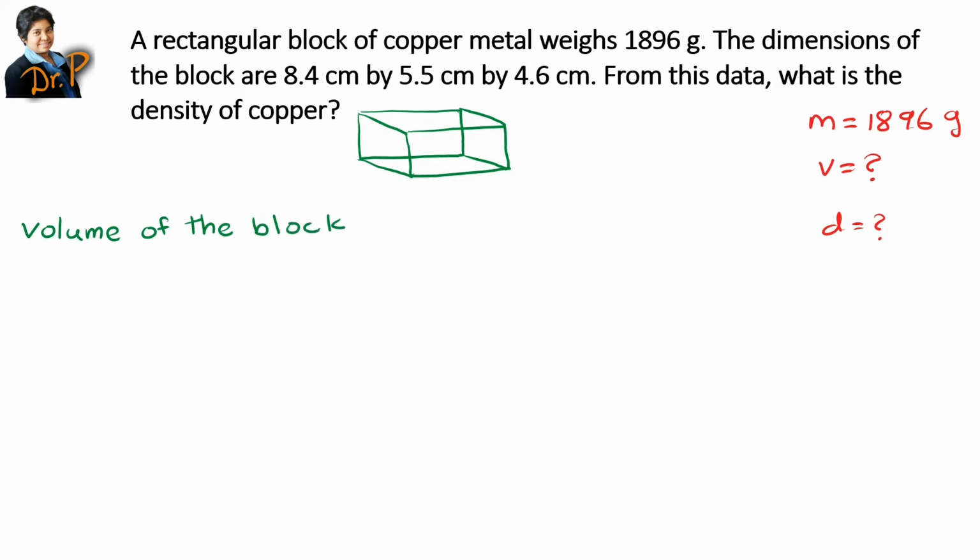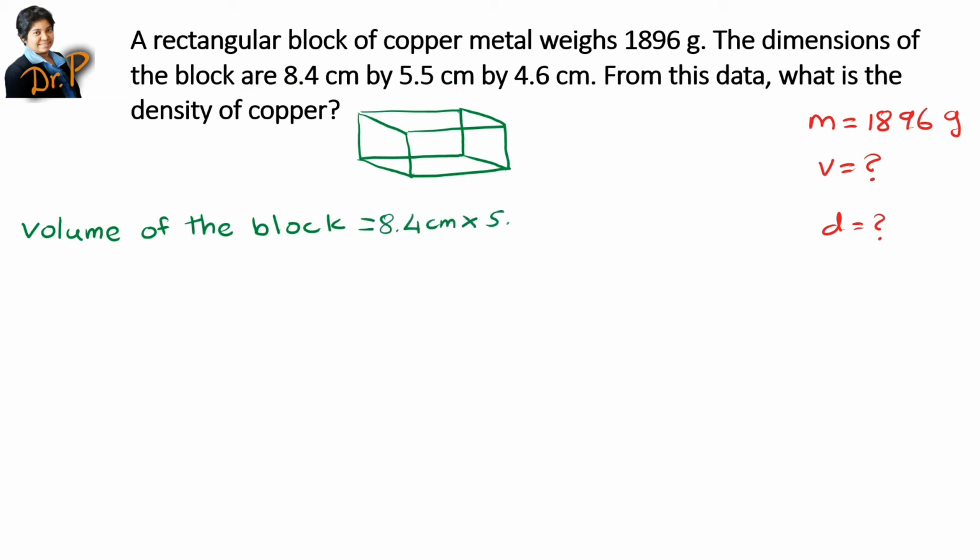The volume of a block is calculated using length multiplied by width multiplied by height. Here it doesn't mention which length is which one, but anyway, you simply have to multiply these three with each other.